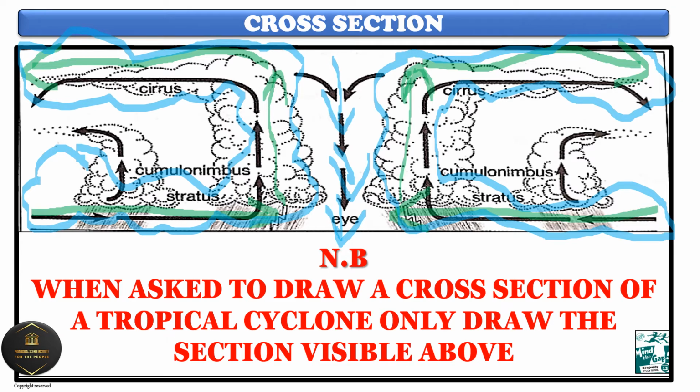Remember we said that. So this will be a cross section, and remember, in your cross section you must label that you have cumulonimbus clouds, sections of cirrus clouds in the upper atmosphere, cumulonimbus clouds along the eye wall, stratus clouds in the outer parts of the vortexes, then label the eye and also the general movement.